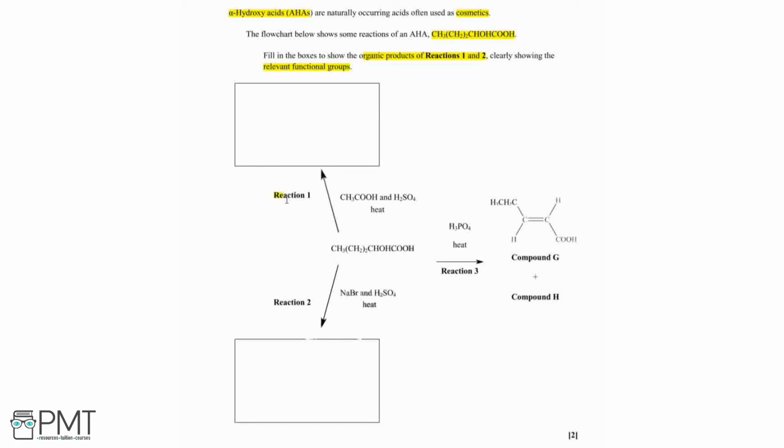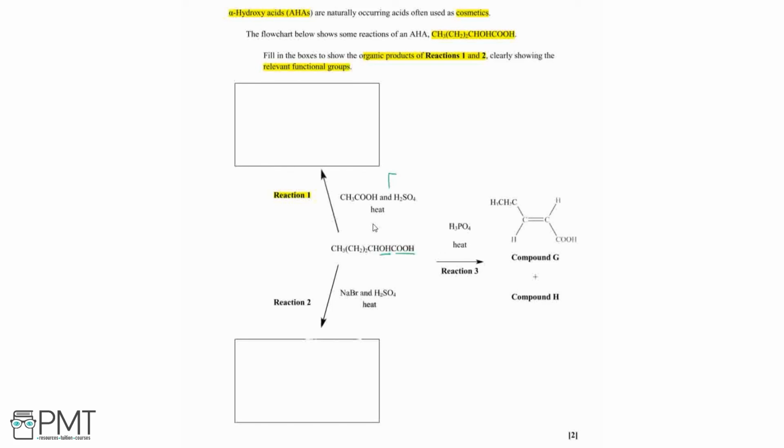So let's start by looking at reaction 1 to start us off. So we've got our alpha hydroxy acid here, and we can see that we've got an alcohol functional group and a carboxylic acid functional group. So these are going to be the key groups which we're looking at to see if they react or not. So in reaction 1, we've got a carboxylic acid with some sulfuric acid, and all of this is being heated.